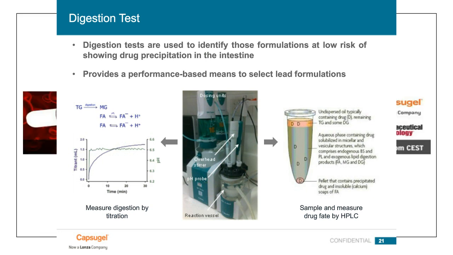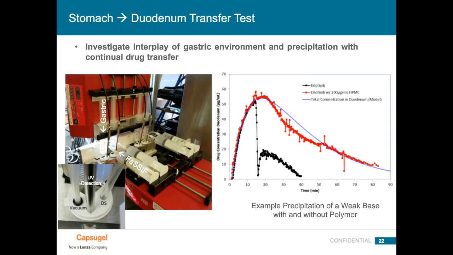And the last test I'll mention is one often referred to in the literature as an artificial stomach duodenum test, or it goes by other names as well. The idea here is that we start with our drug formulation in a stomach or gastric compartment, and we transfer it into a fixed volume that we call the duodenum.